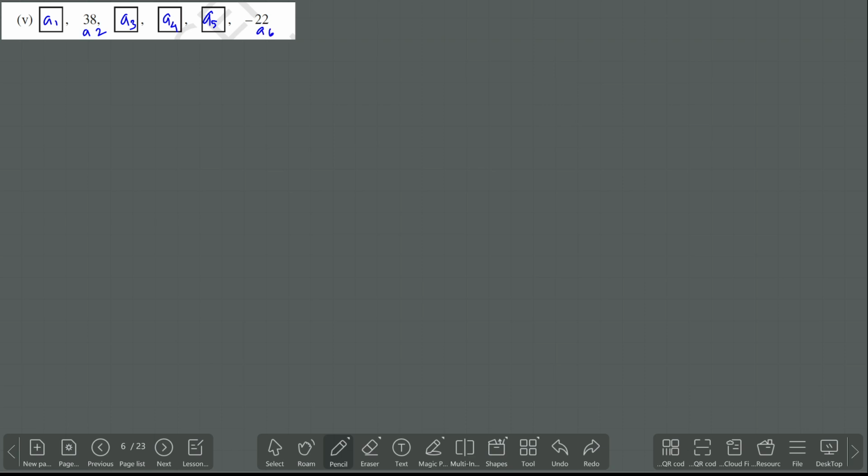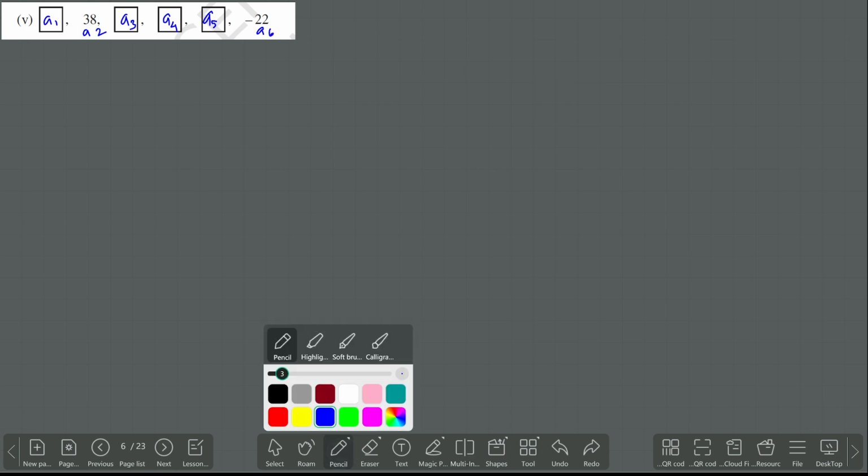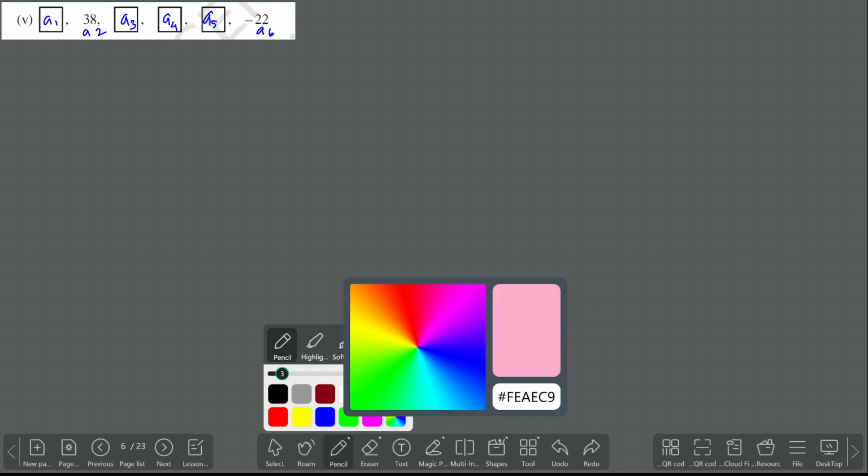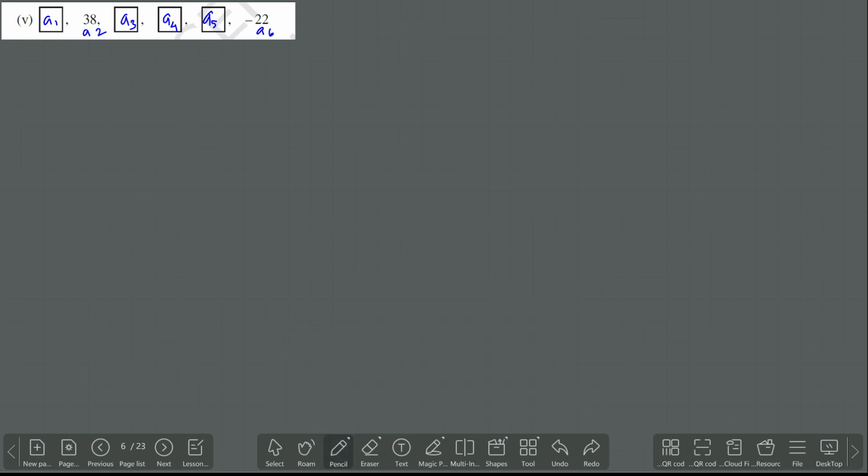Shall we find? Right. So A2 is given. What is A2? 38 is given. And A6 is given. What is it? Minus 22.